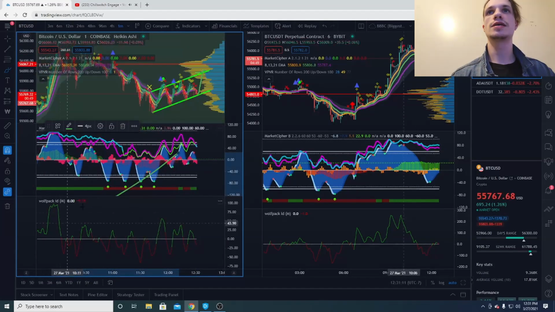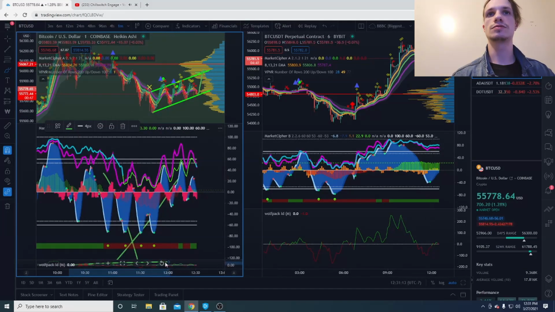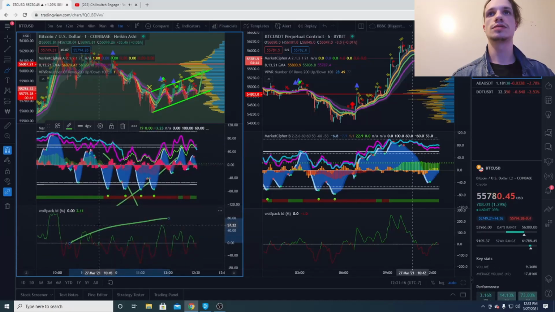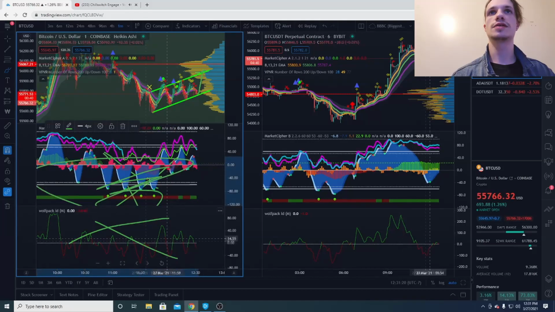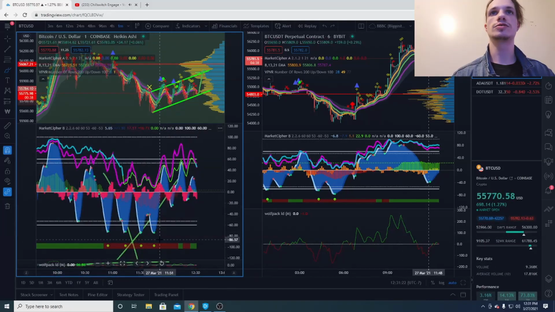Remember, don't look at any of this on 1 minute. Just don't do it. Unless you're a scalper and you got a lot to trade with, do not look at that. Do not use your indicators to trade on the 1 minute.